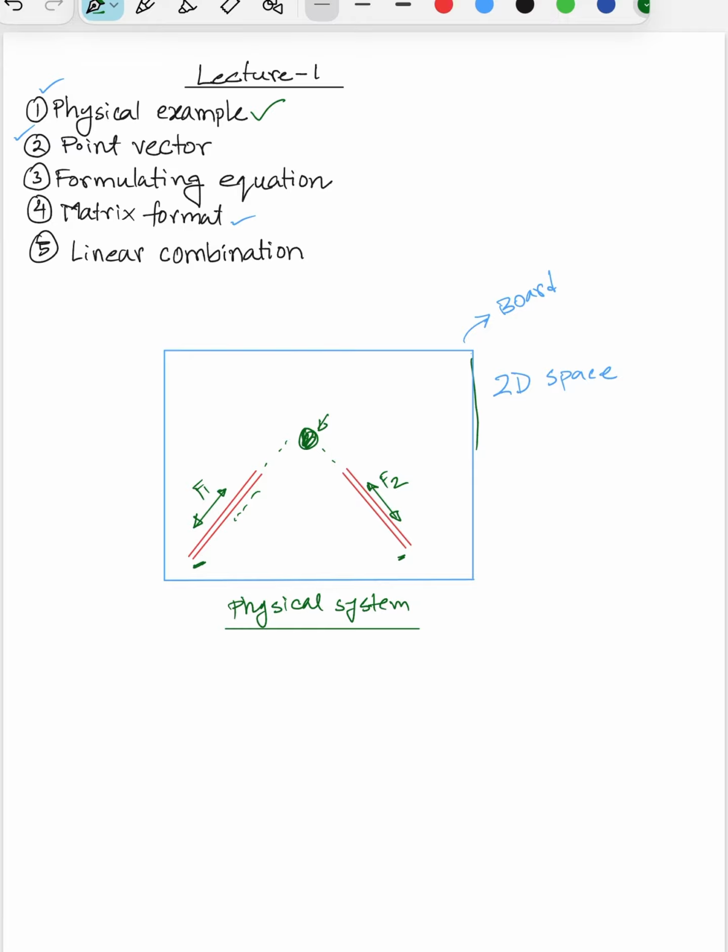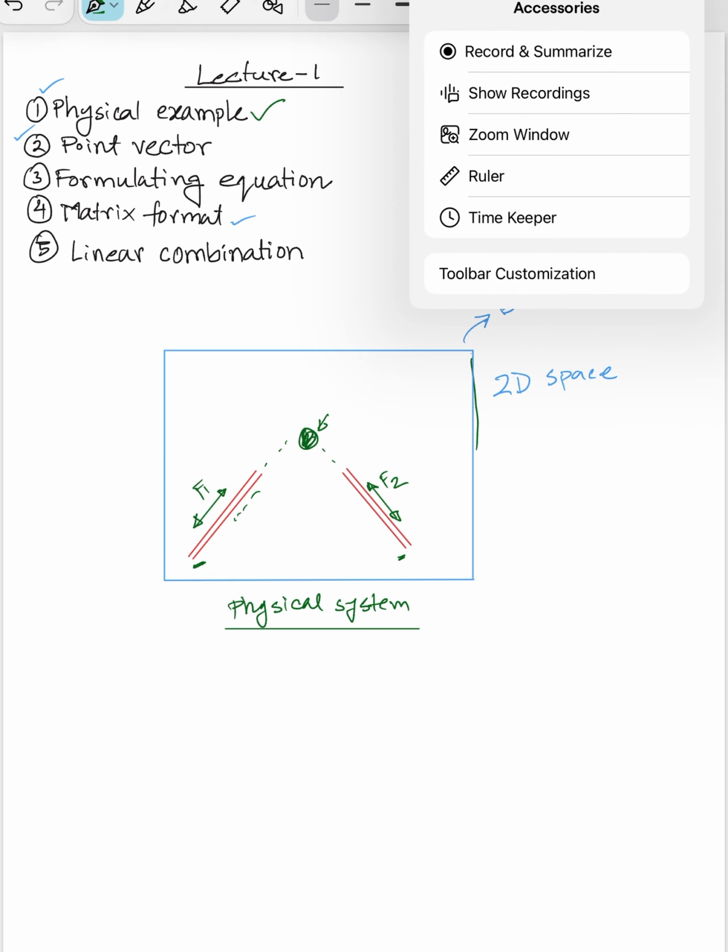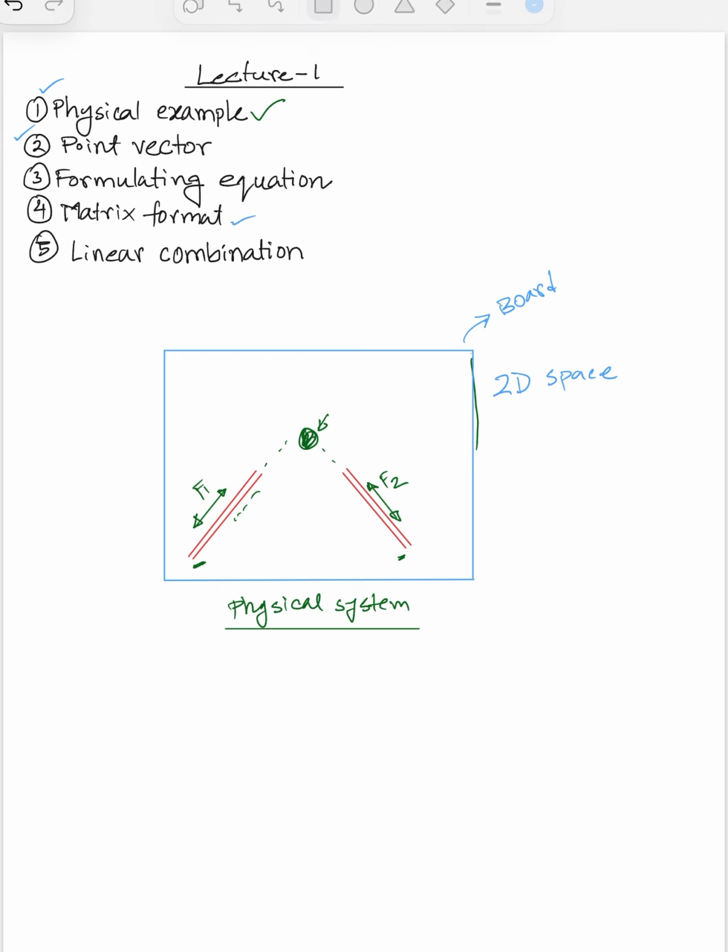Now the next question is, what is actually impacting or what is actually controlling this ball? The ball is getting controlled by the forces F1 and F2, but let me get my pointer.